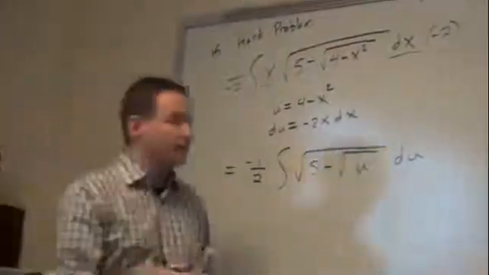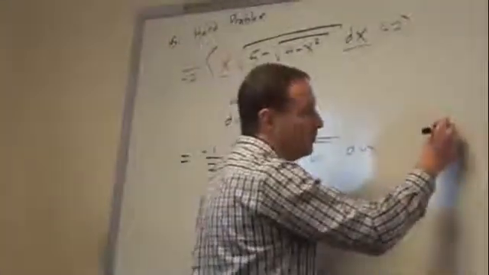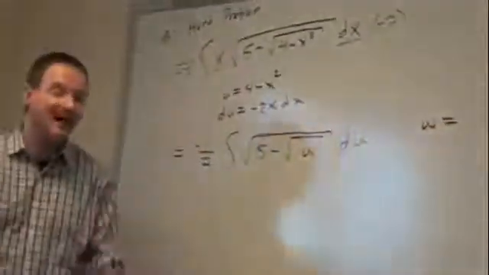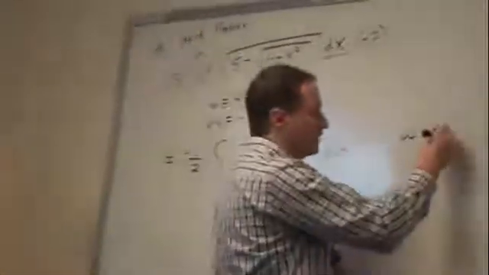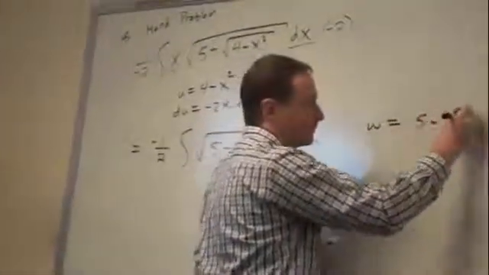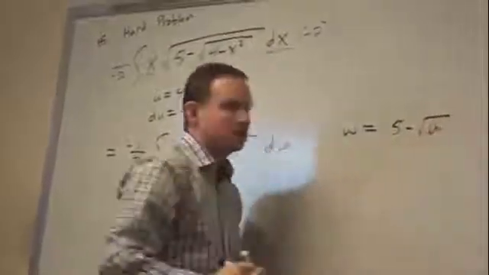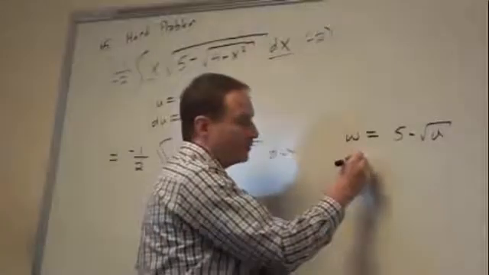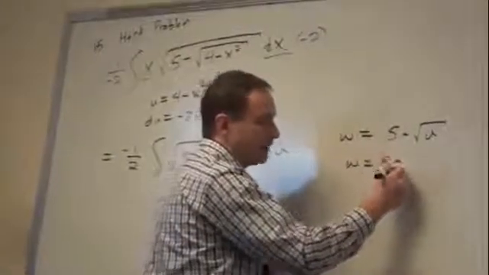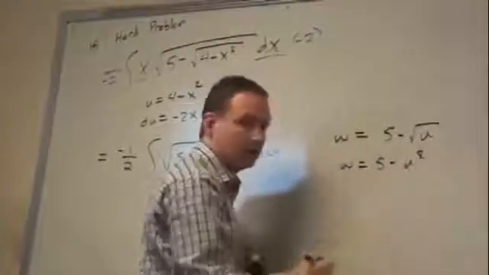So I'll say double substitution, let w equal what's inside the group? 5 minus u. Or sorry, 5 minus the square root of u. So I can say, well, dw, and so I'm going to rewrite w first. W is 5 minus u to the 1/2 power.